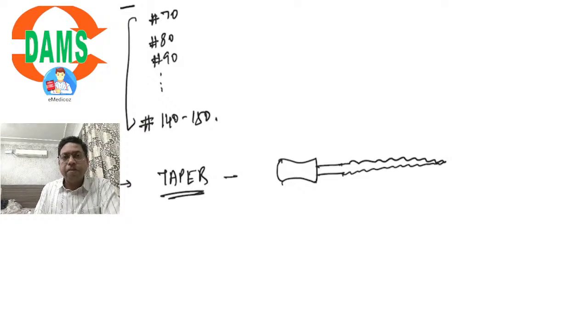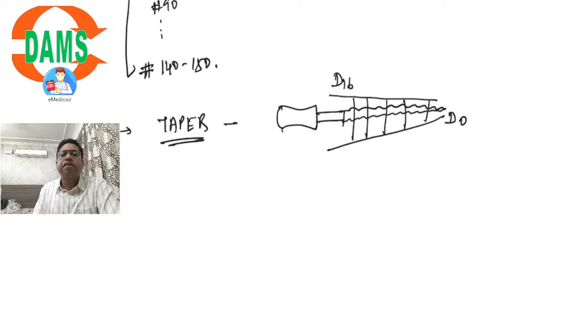If we look at the blade of the instrument, the size indicates the diameter at the tip, that is D0. From D0 till D16, there is a progressive increase in diameter of the instrument. So D16 is the largest diameter at the end of the working blade. D0 is the smallest instrument diameter at the working end or the tip.